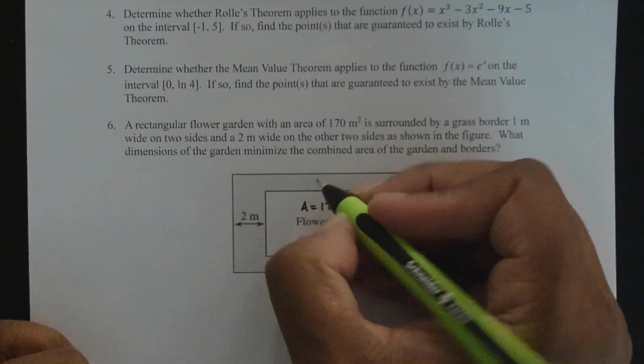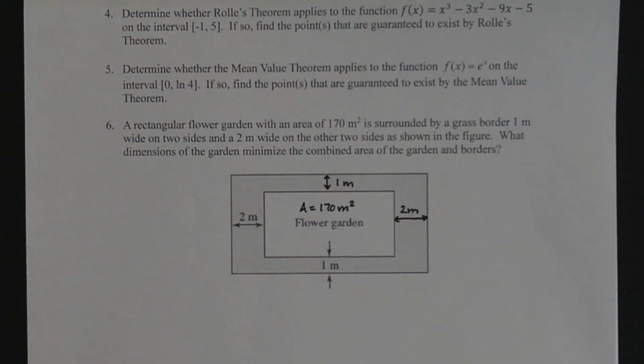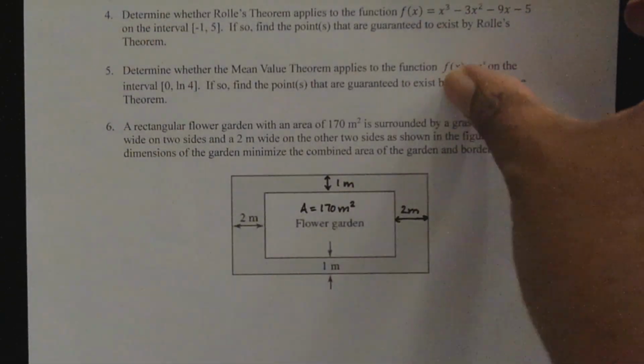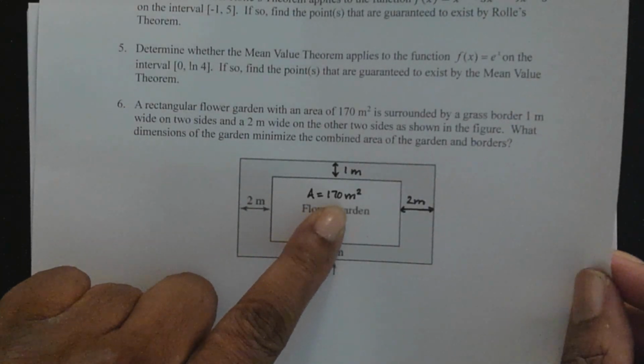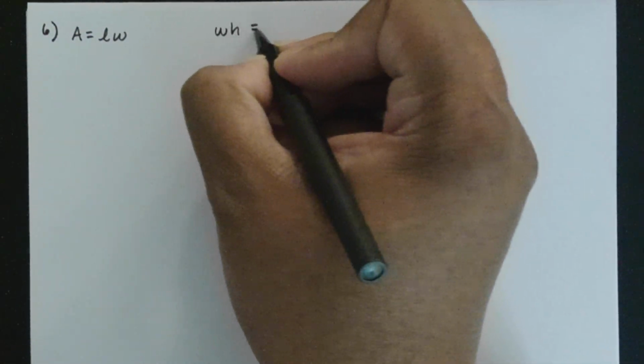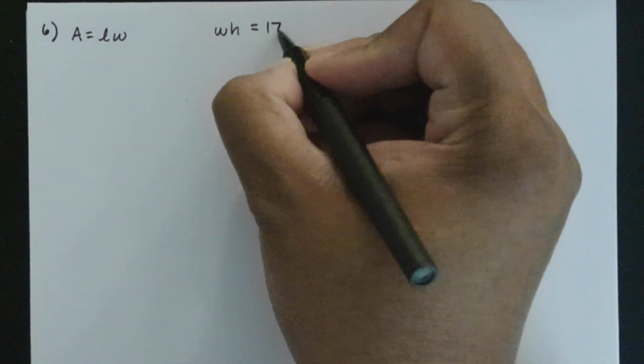There's 1 meter this way, and this way right here is also 1 meter. And of course, the area of a rectangle is going to be length times the width. And we're told that the area of the garden is 170 square meters. So I know something about this. The width times the height. And I'm using W for the width and H for the height. That's 170.